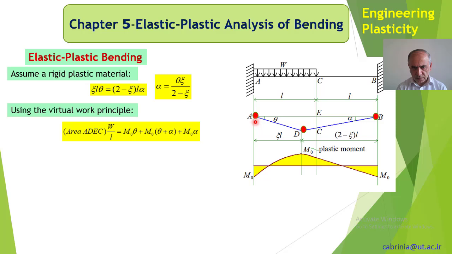Here we are supposing that AD and BD are two members, two links that under this load move that much. So that's why we have written this as virtual work, because it's not real.